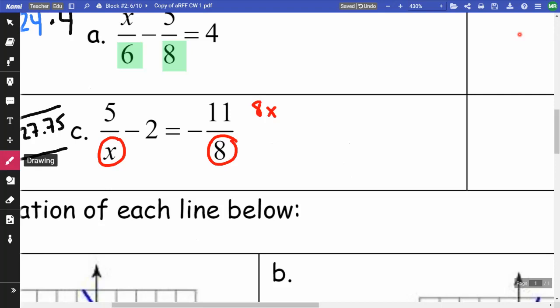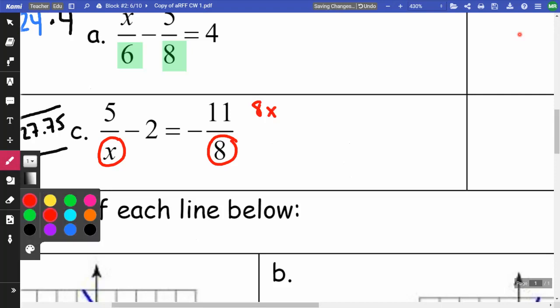So 8x times 5 over x minus 8x times 2 equals, and then I'm going to have, again, a negative, because I had a negative 11. Here, let me write the 11. So negative 11 over 8 times 8x.